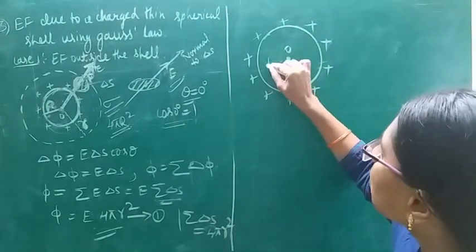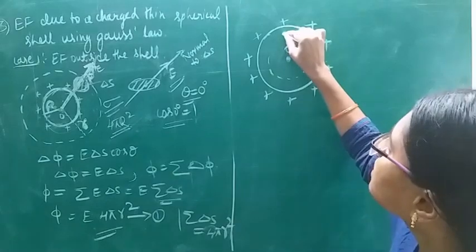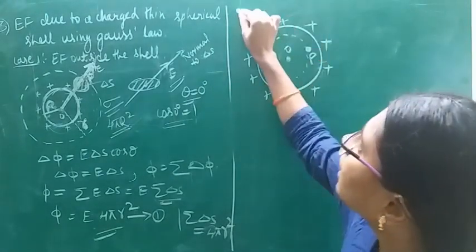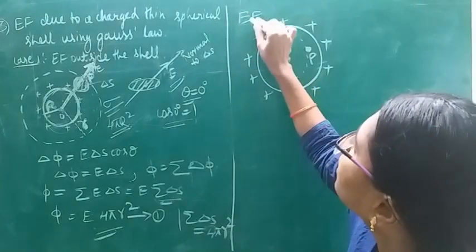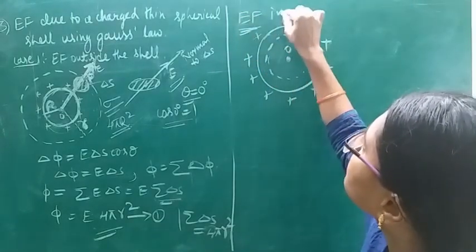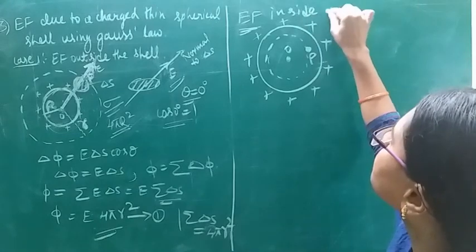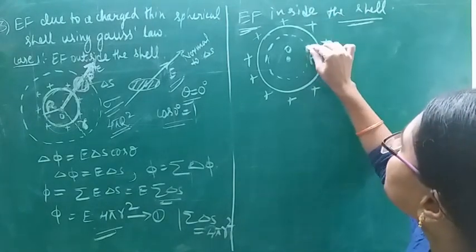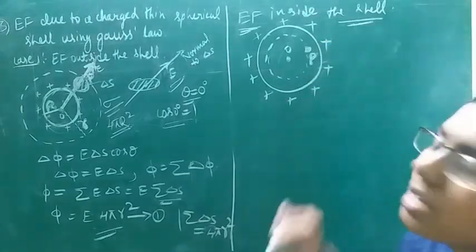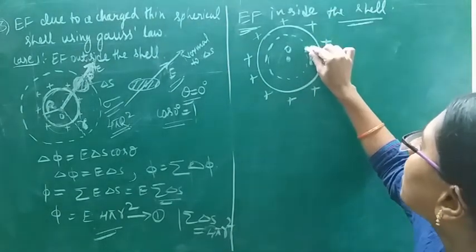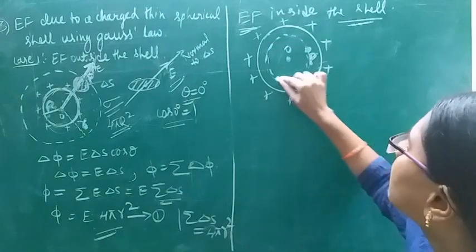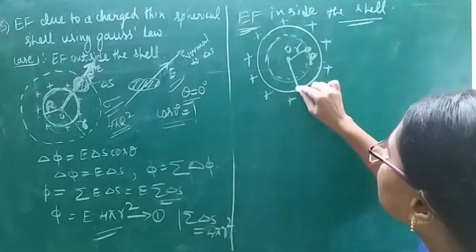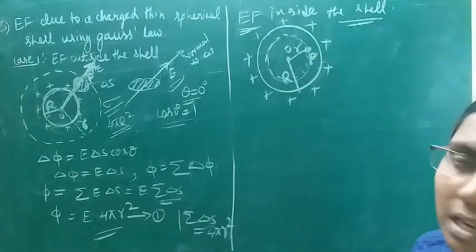Now consider the Gaussian surface inside the spherical shell, because we have to find the electric field at any point inside the shell. Therefore, we have considered the observation point P inside this spherical shell. Around this observation point, we have drawn a Gaussian surface of radius small r, and the sphere has radius capital R.